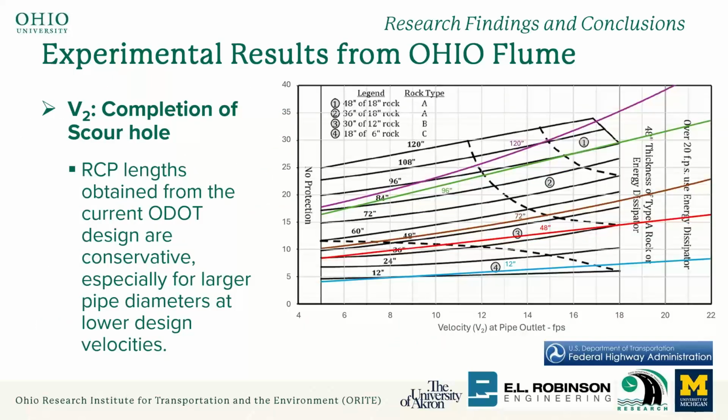So this is a little messy, but we just overlay our curve on top of the current chart. The current ODOT method is more conservative, which means, let's say for a particular point, let's say for a 120-inch culvert, for most of the cases, except for the 12-inch culvert.